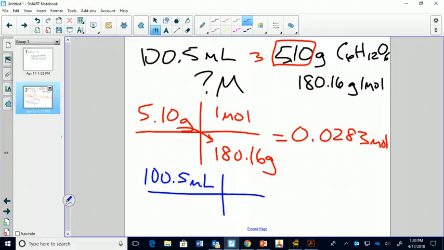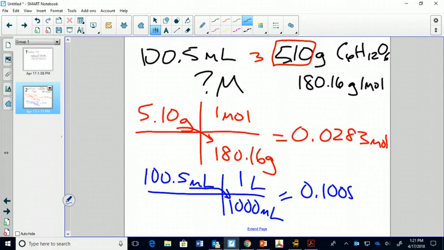Not 100,000. 1,000 milliliters in 1 liter. And again, I'm showing you using the skeleton because that tells you whether you multiply or divide, right? Because again, my milliliters are here, they have to go down to cancel out. So 100.5 divided by 1,000 is going to be 0.1005 milliliters. Oops, not milliliters, liters.